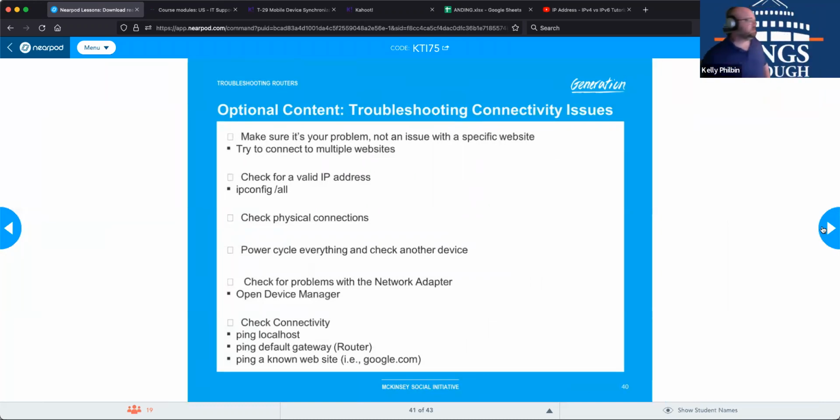All right. When checking connectivity, this is a real good troubleshooting step to remember here. Ping is a powerful tool. We will talk about this when we talk about troubleshooting hardware and software. But what you're doing is you're starting as close to the device as possible and working your way out. So the first thing you do is you ping yourself. Make sure your NIC is working. If that works, good, ping your router.